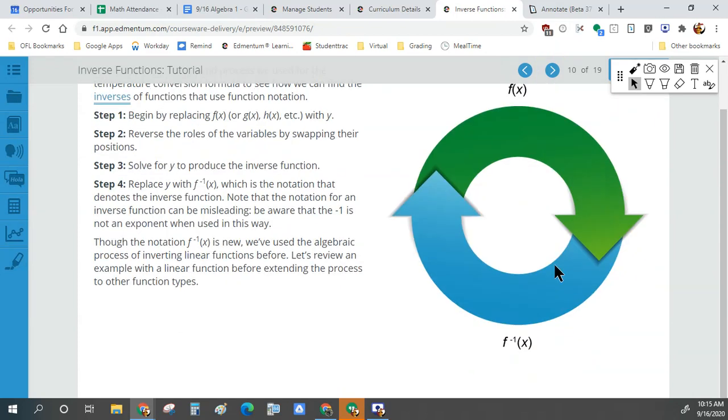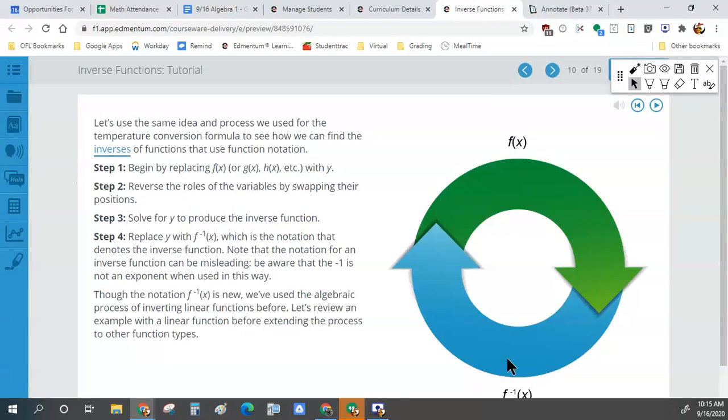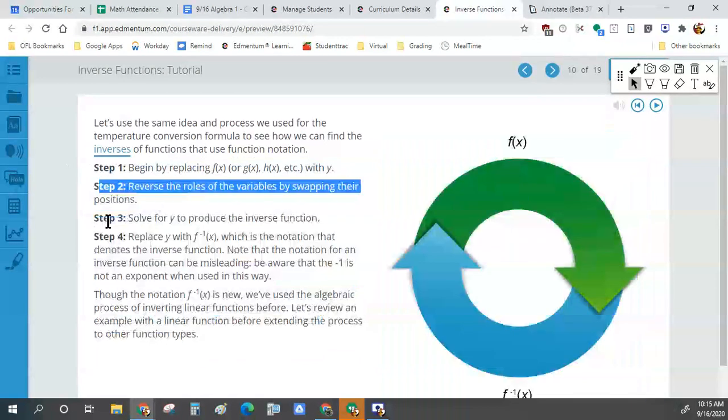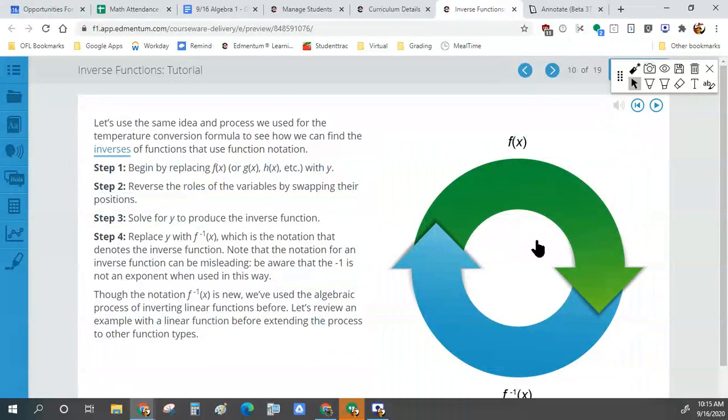So the idea of a function and inverse function is it's the reverse. So it's this idea that if you start off with a function, it gives you a y, and if you plug in that y into an inverse function, it goes back into the original. So the key thing here, there's 4 steps to solving for an inverse. I teach these all the time.